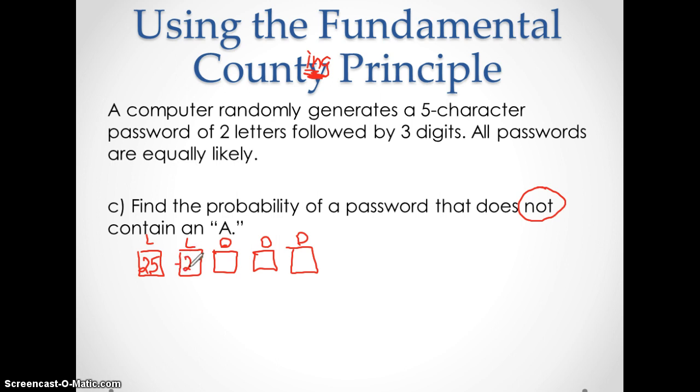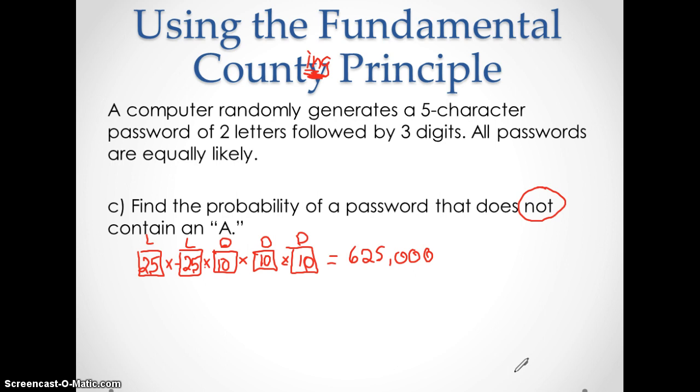Again, 25 letters to choose from because we do not want the A. But we still have 10 digits to do. And we are going to multiply those numbers. And that will give us a total of 625,000.